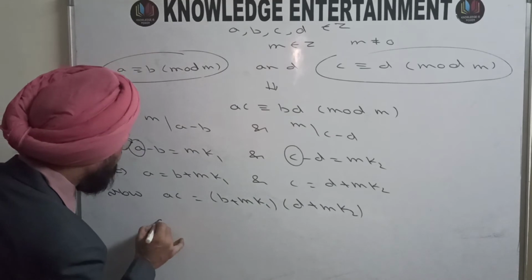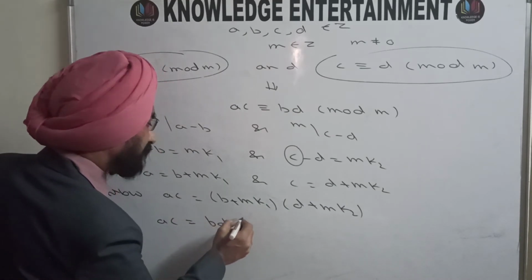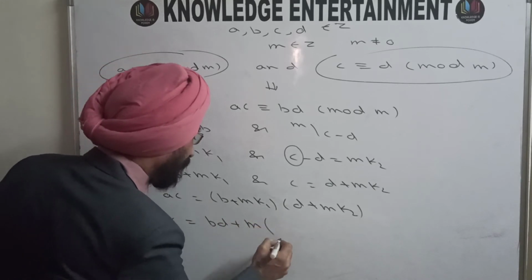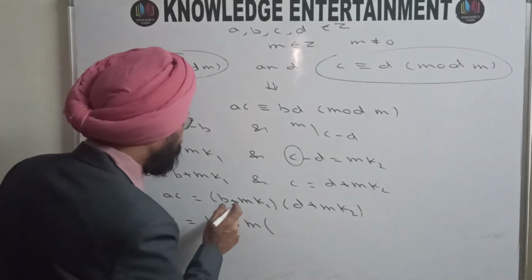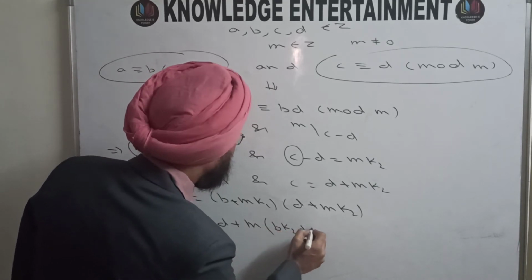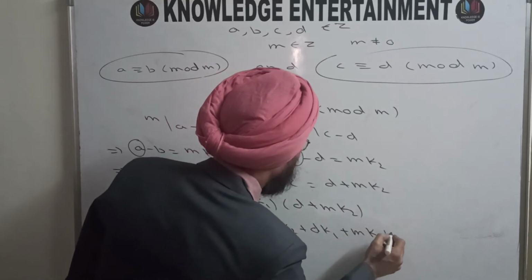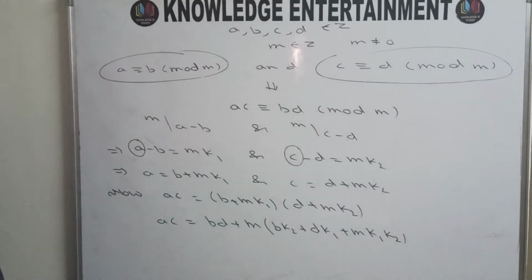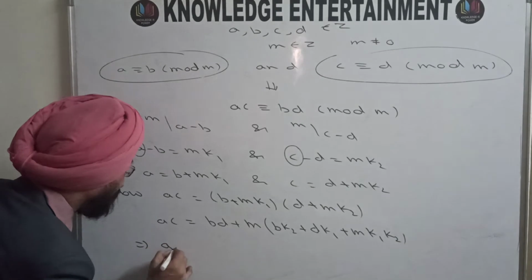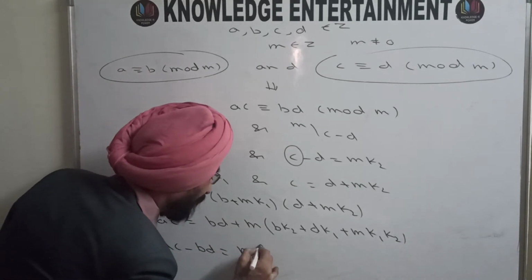So multiply these, you will get AC is equal to BD plus M times (BK2 plus DK1 plus MK1K2), and you can write AC minus BD is equal to M times L1.